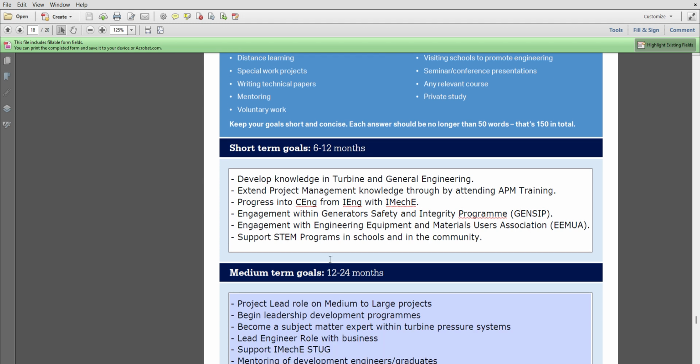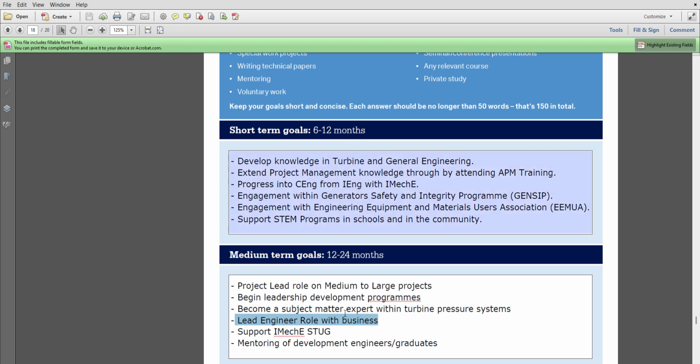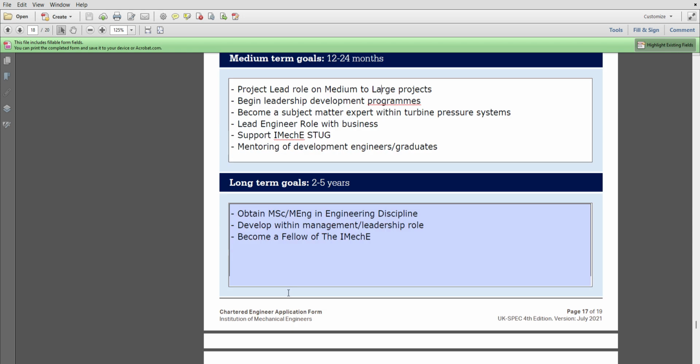The medium-term goal, that is in 2 years' time, would be to take on lead engineering roles within the business and to start a new role as a project lead, to lead a wider range of projects, and also to continue the mentoring of less experienced engineers.